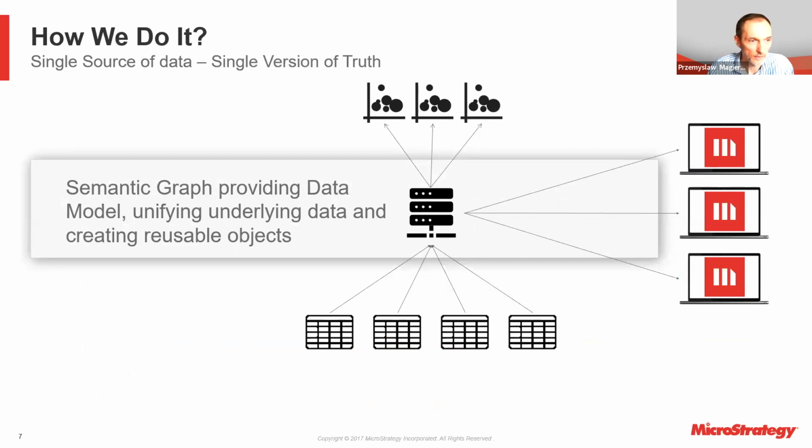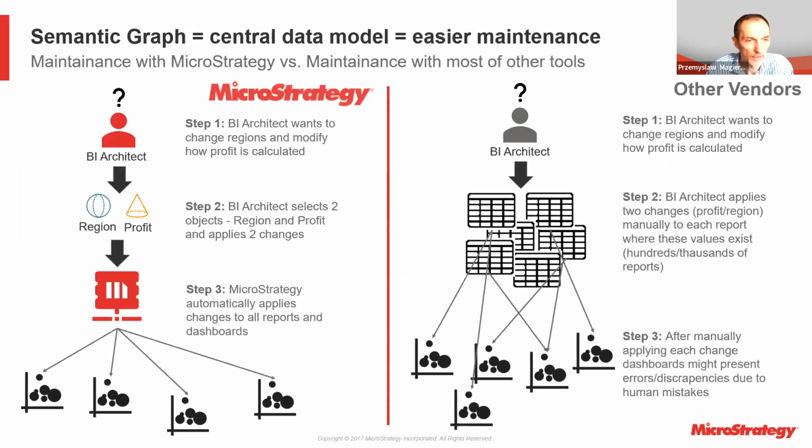In case of MicroStrategy, we are providing this central semantic graph with a data model, which is unifying the underlying data, and which consists of multiple reusable objects that you can select from to your applications. And what typically it looks like in MicroStrategy when you, for example, need to do some changes.